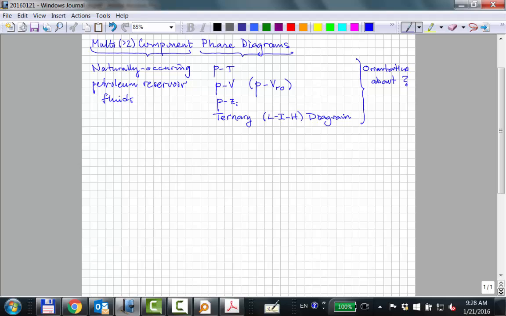And then towards the end of the day, I hope, we're going to talk about how nature makes the decision that a given composition, Zi, at a given pressure and temperature is single phase or two phase. What's the question that Mother Nature is asking? Because it just happens.